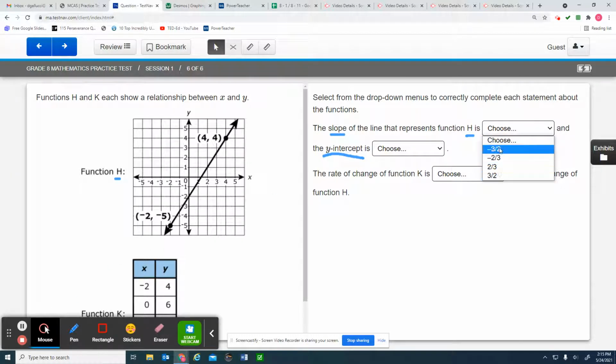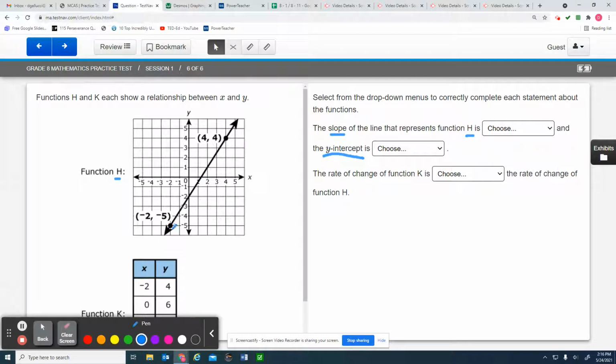We got 4 options for the slope: negative, negative, positive, positive. And it looks like we have 2 options for the y-intercept. So the first thing I'm going to think about is, can I figure out without doing any calculations if this is going to be a negative slope or positive? And then I'm going to look at the line and notice the line travels up and to the right.